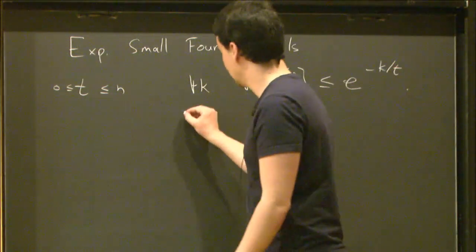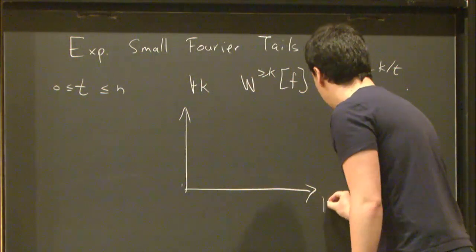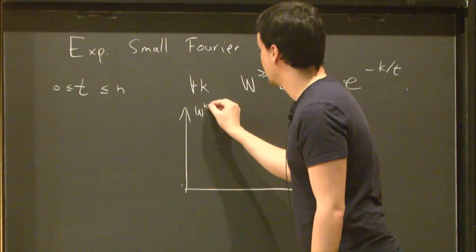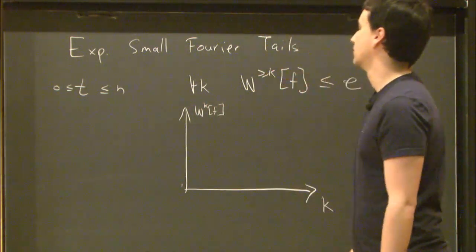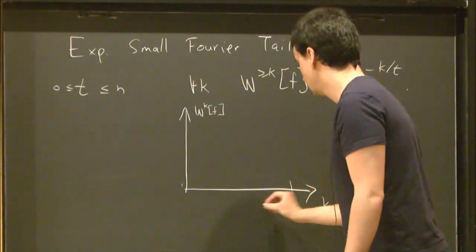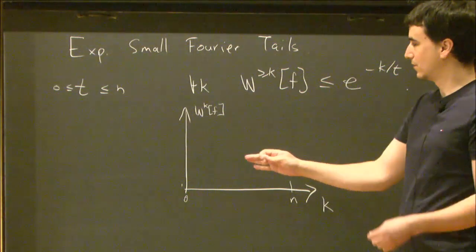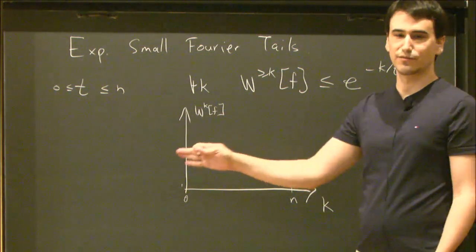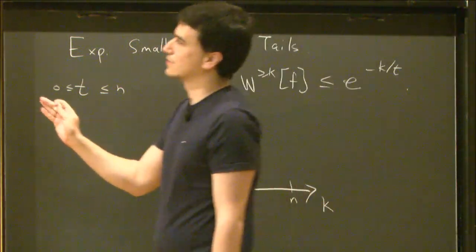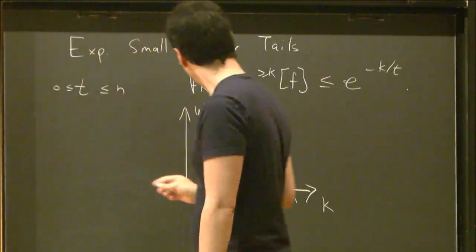So you can look at the picture. I have this k, and here I have the Fourier weight at level k. For any Boolean function, it describes the distribution over these layers, right? I have n+1 layers, and each one sums the coefficients of the sets of size exactly k.